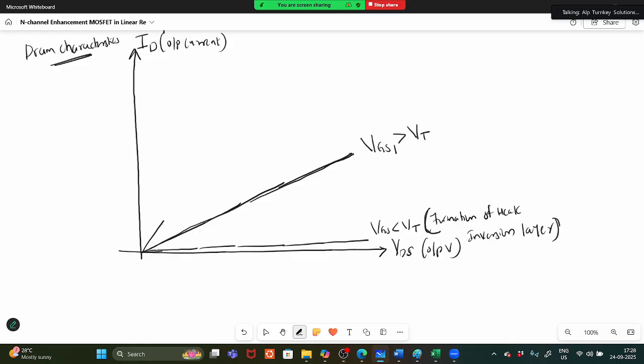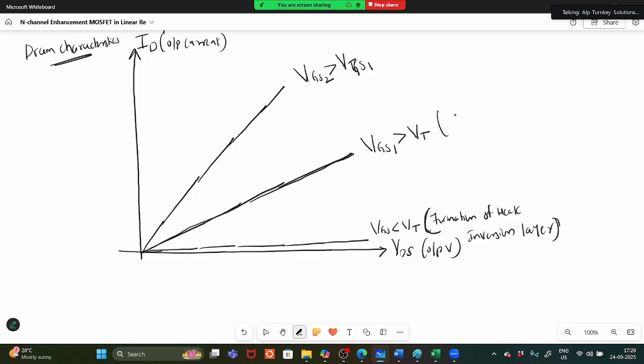Now take one more voltage, VGS2, which is greater than VT and greater than VGS1. VGS1 is greater than VT.